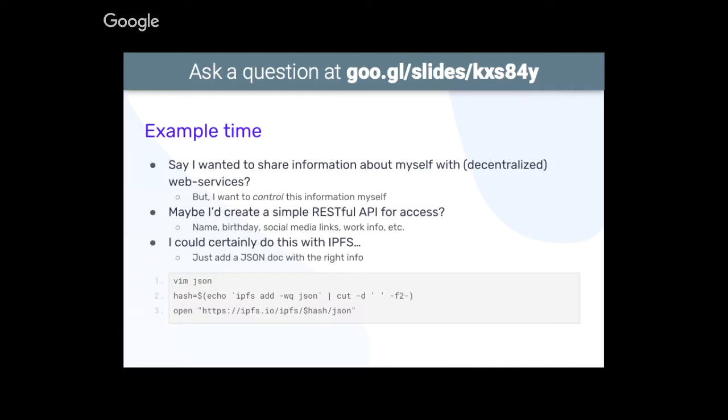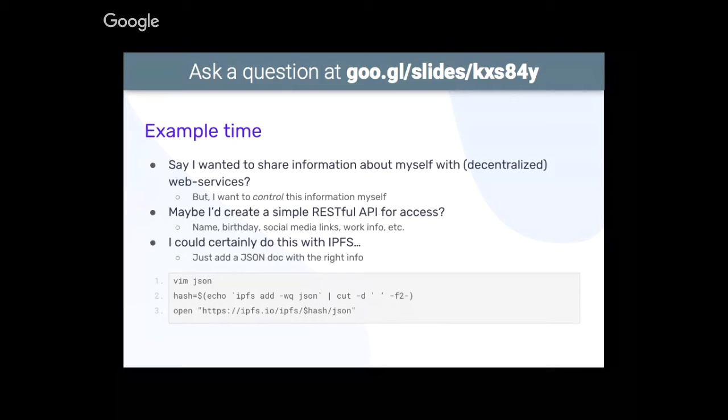Say I wanted to share information about myself with various, preferably decentralized, web services. But I want full control of this information so that I know and have a say in what information I'm sharing with these services, unlike standard services that do a lot of tracking. And I want to be able to decide what I do and do not want these various services to know about me.